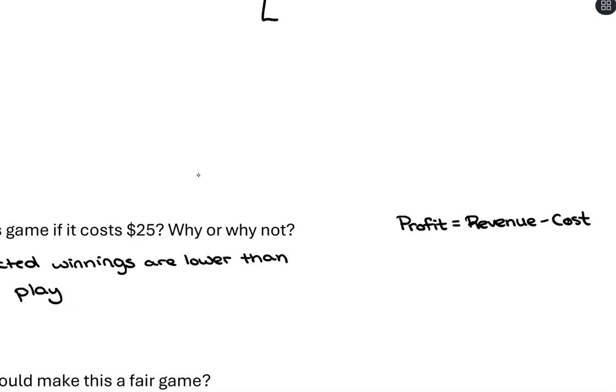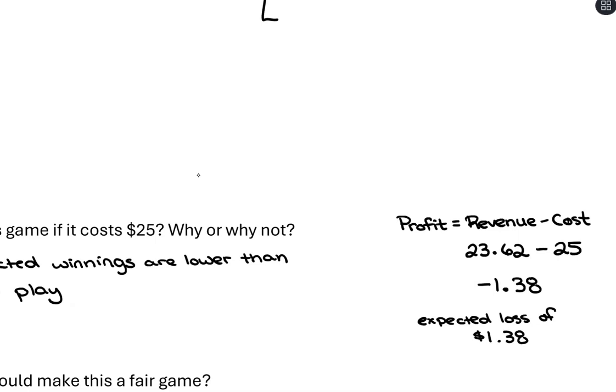For this case, we would take those expected winnings, that expected revenue of $23.62, and take out the cost to play of $25. If we calculate that, that'll be a negative $1.38. And what that's telling me is that we have an expected loss of $1.38 in the long run for each time we play.